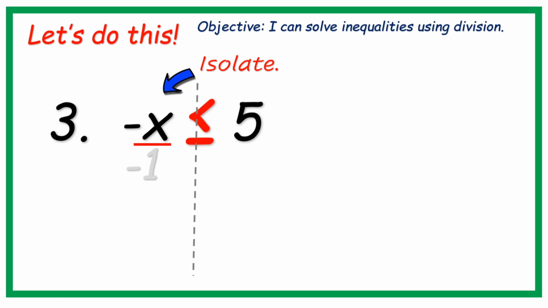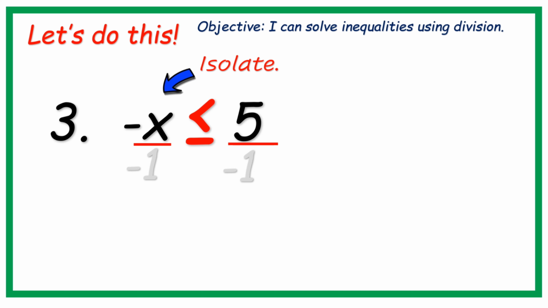Again, always remember, what you do on the left side, do it also on the right side. Don't forget that the inequality sign separates the left side and the right side of the equation. So we need to also divide 5 by negative 1.